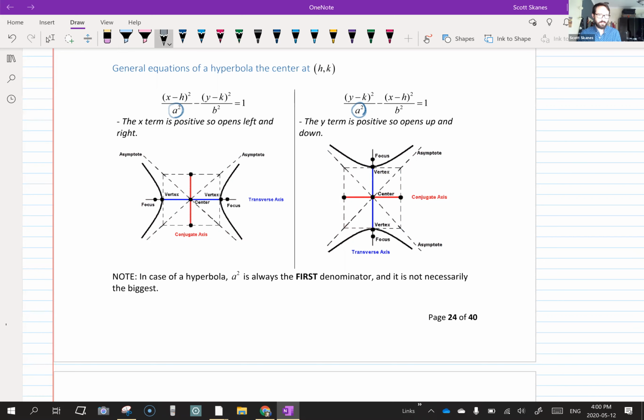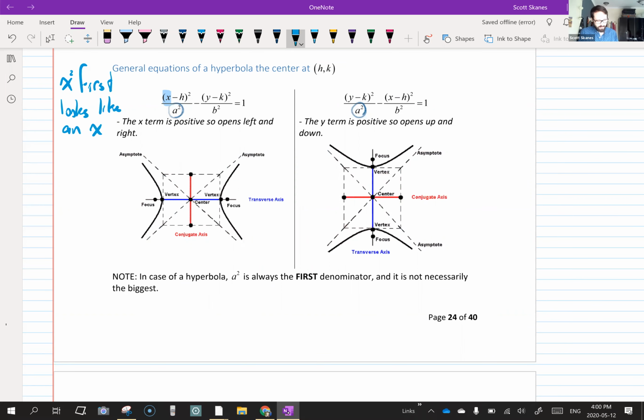If the x term comes first, or you could call it the x squared, the way I like to think about it, because I like visuals, the shape will look like an x.